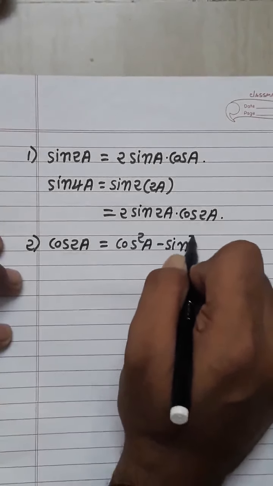The first formula is cos square a minus sin square a, but how can the remaining two formulas be written? So now let us discuss the proof of this result.